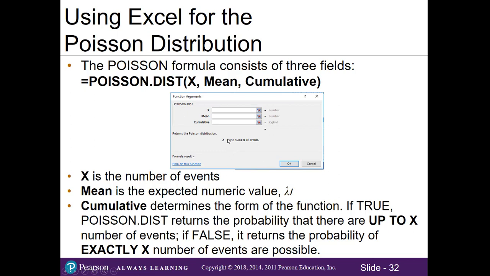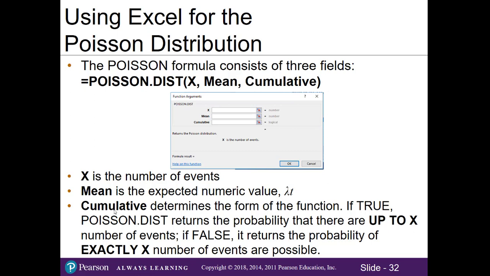Recall that the formula builder defines each piece in case you don't remember, so this is good as a refresher if you would like to use the builder instead. Now, our x is the number of events that we're interested in knowing. Our mean that we use in Excel is the expected numeric value, so this is our lambda multiplied by t. You have to do a little bit of math before you can use Excel. And then the cumulative determines the form of the function.